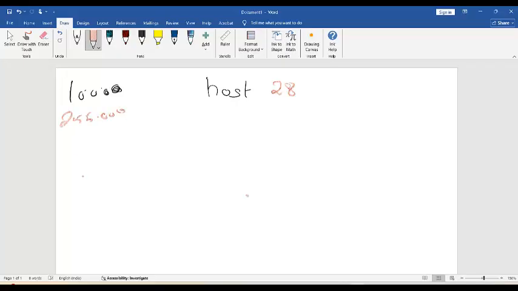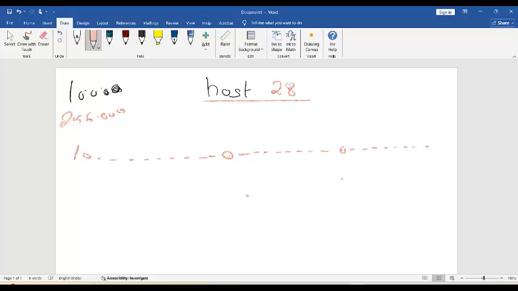Great. Now, the default mask is 255.0.0.0. What does that mean? It means that 10 is the network, and all the rest are host bits. So there are 24 host bits, in which we need to know how many bits are needed for getting 28 IP addresses.